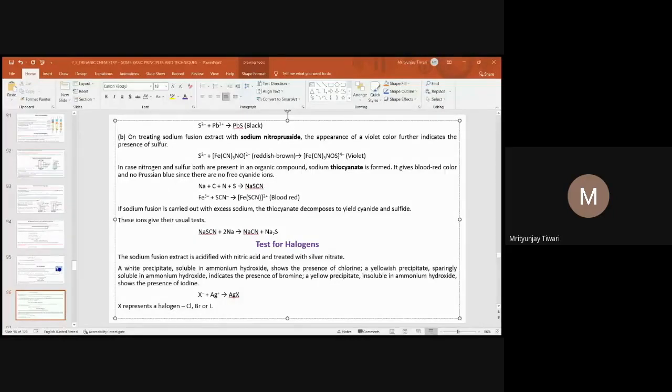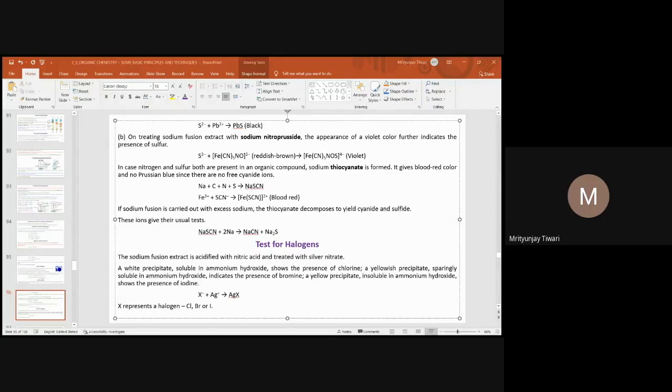If you don't see the test for halogens, it means halogens are not there. If you don't see the test for cyanide, the Prussian blue test, it means nitrogen is not there. If it doesn't give the sodium nitroprusside test, the compound doesn't contain sulfide ion.